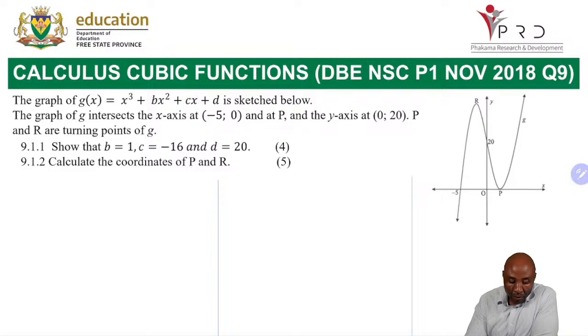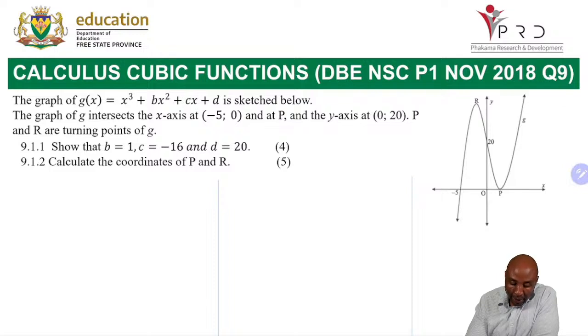Moving forward, we are given the graph. So sometimes also we'll be asked to interpret the question. We are given that the graph of g of x is x cubed plus bx squared plus cx plus d, sketched below. The graph of g intersects the x-axis at -5 and 0, and at P, the y-axis is 0 and 20.